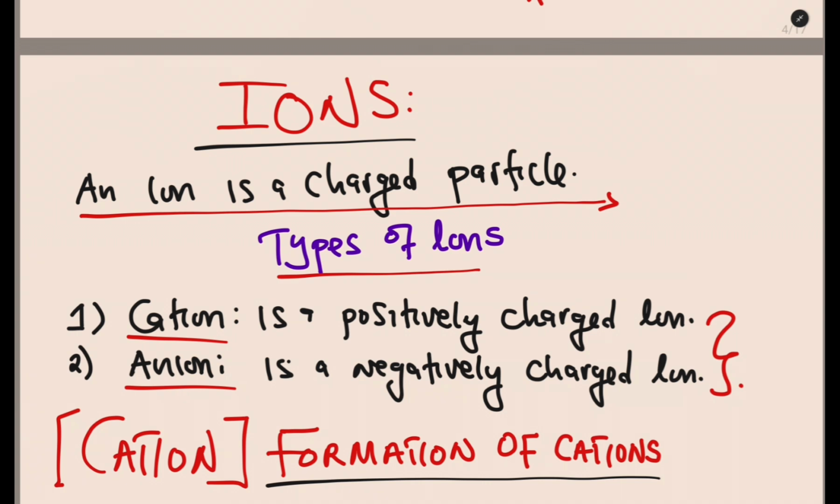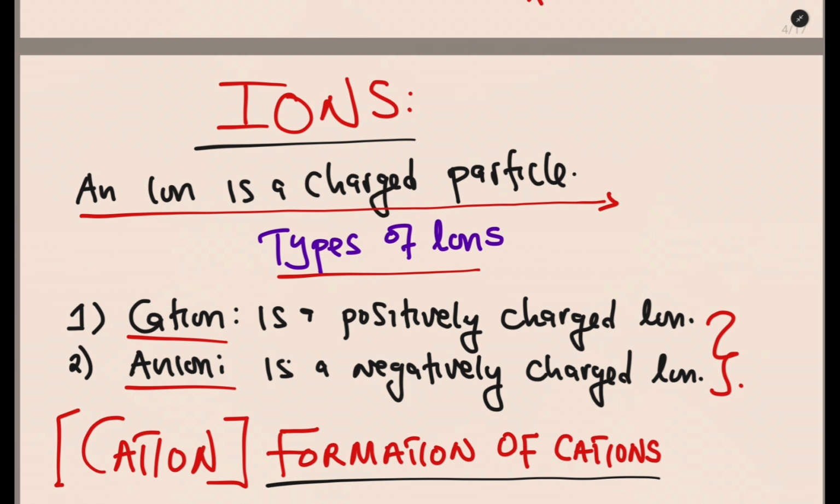So now, after looking at isotopes, they are atoms of the same element, but you need to know that some isotopes are not stable, and therefore they act in a way to gain stability.